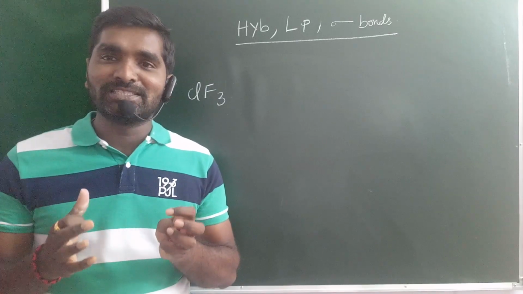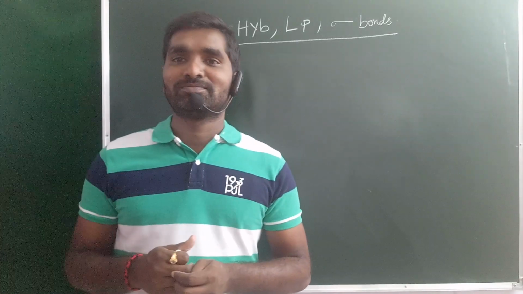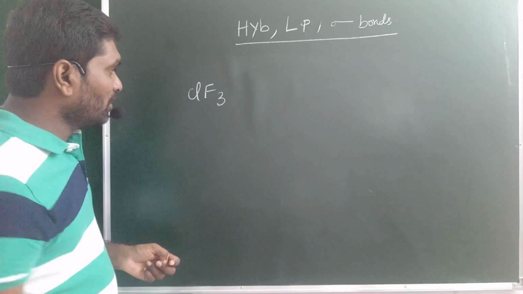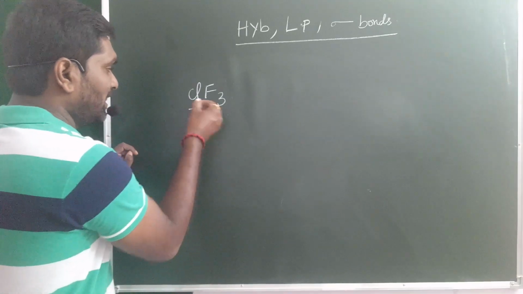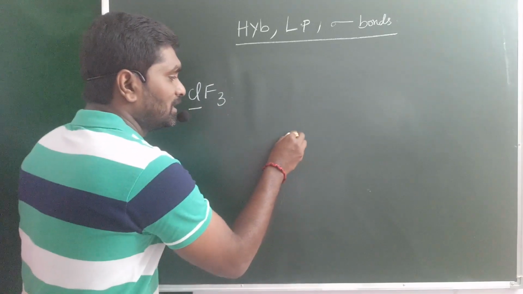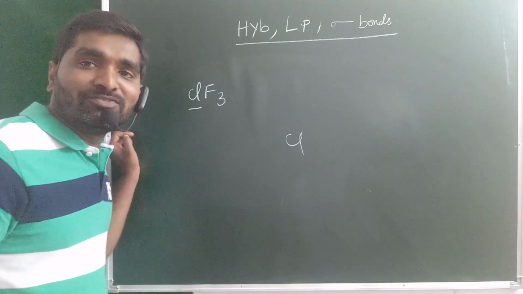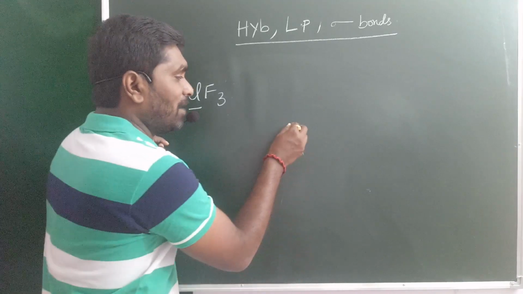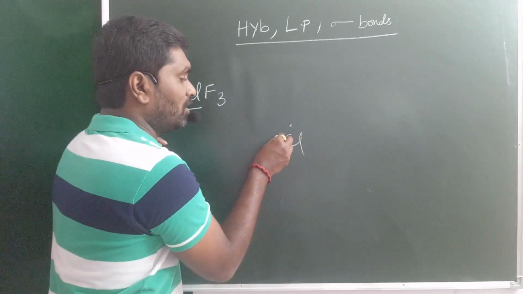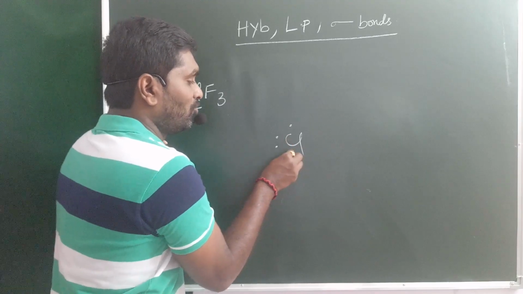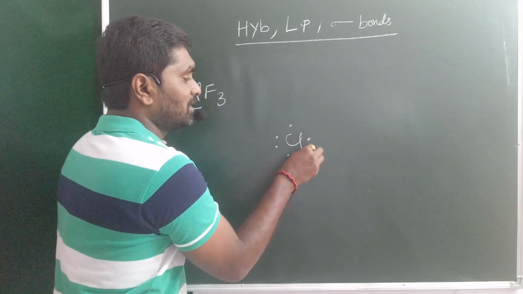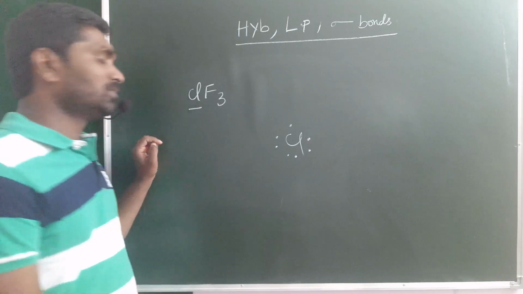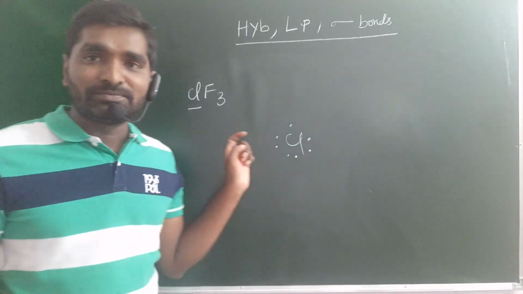What is the hybridization of this molecule? First of all, look at the central atom, Cl. It is in the halogen family, where the valency is 7: 1, 2, 3, 4, 5, 6, 7.